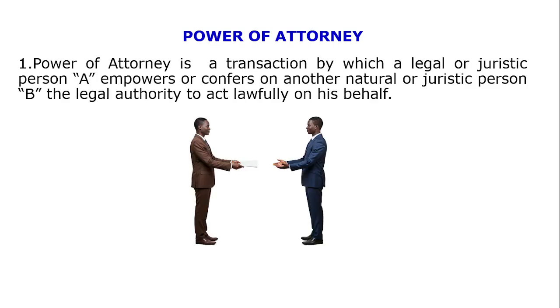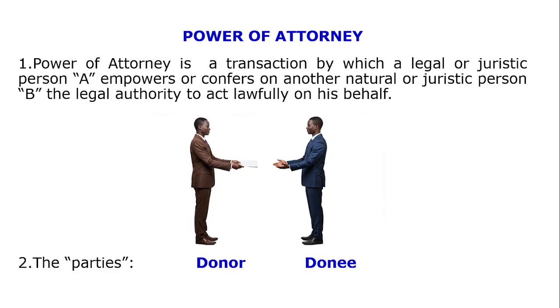We identified person A as the donor while person B is the donee. If you look very closely at this simple definition, it reminds you of the purpose, the capacity, and the scope of a power of attorney.